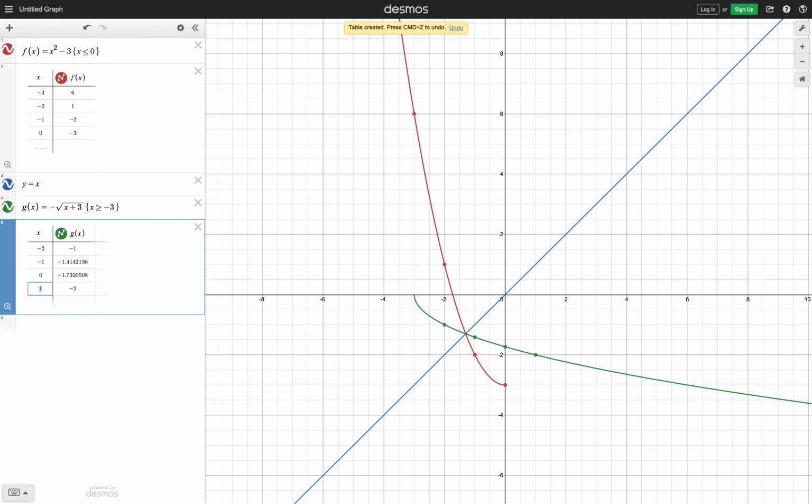And just putting in ordered pairs. I had negative 3, 6, but if I go the other way, I have 6, negative 3, 1, negative 2, negative 2, negative 1, and negative 3, 0.